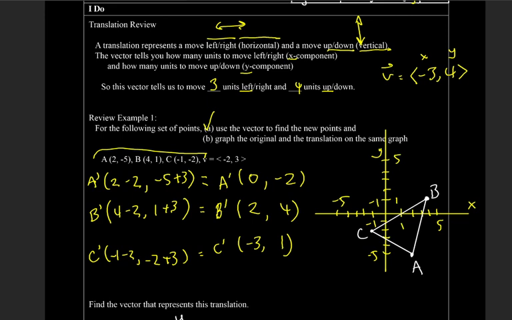Now let's get the primes. 0, negative 2. So that's over at there. A prime. 2, 4. That's B prime. Then we got negative 3, 1.